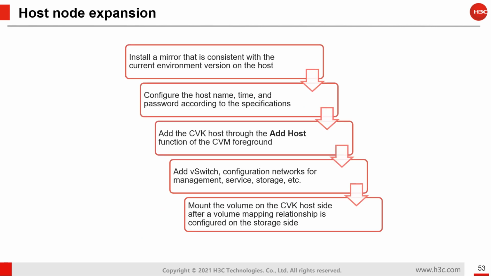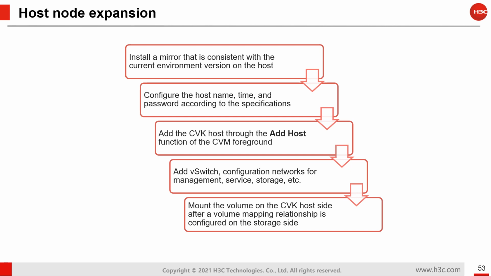Here is host node expansion. 1. Install a mirror that is consistent with the current environment version of the host. 2. Configure the host name, time, and password according to the specifications. 3. Add the CVK host through the add host function of the CVM foreground. 4.